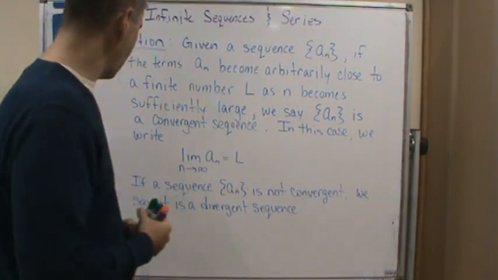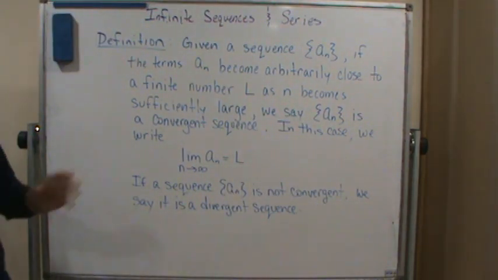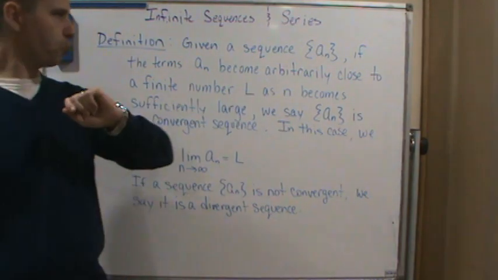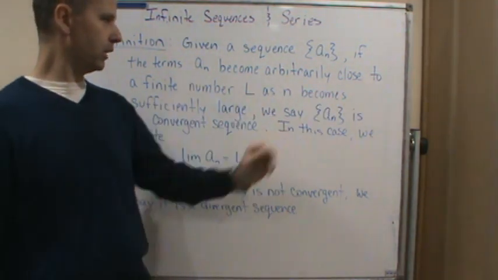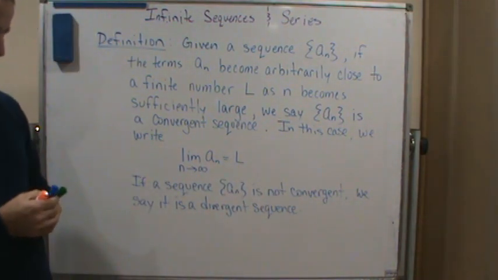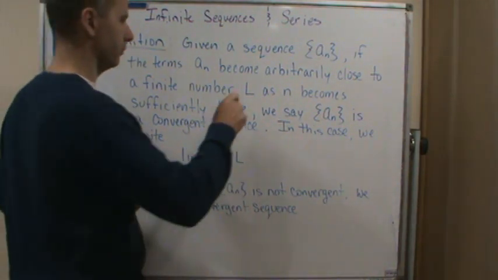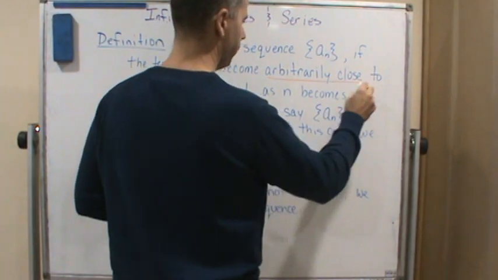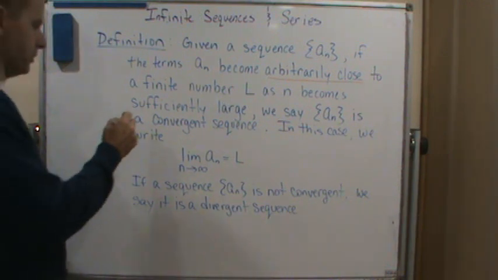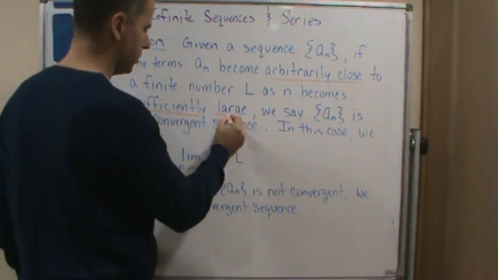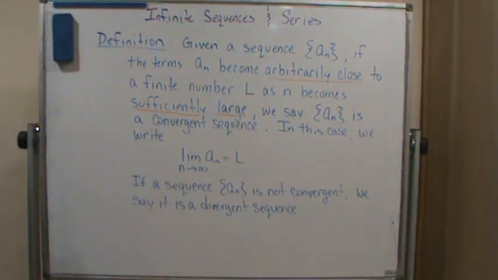Okay, so in this definition it says, given a sequence a sub n, if the terms a sub n become arbitrarily close to a finite number L, as n becomes sufficiently large, we say that the sequence a sub n is a convergent sequence.